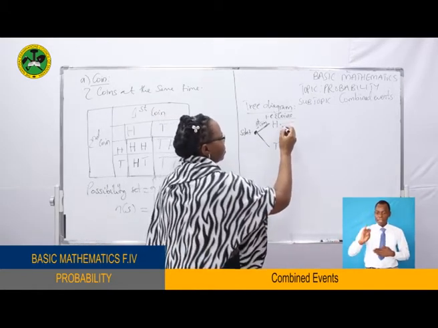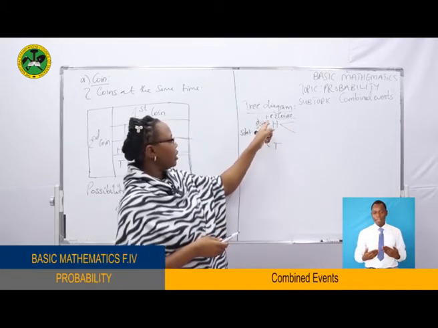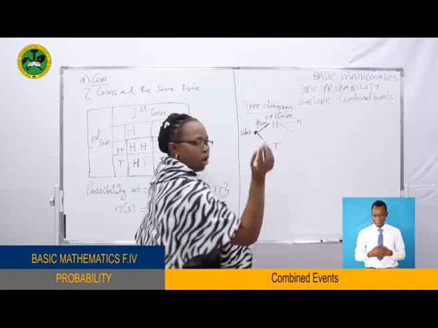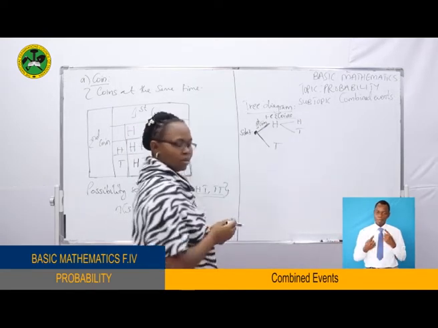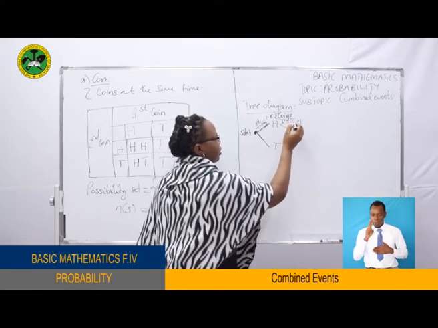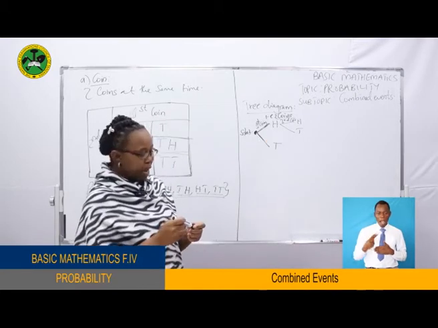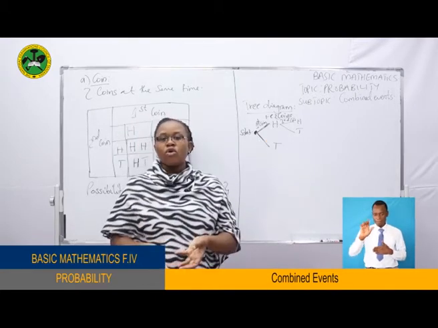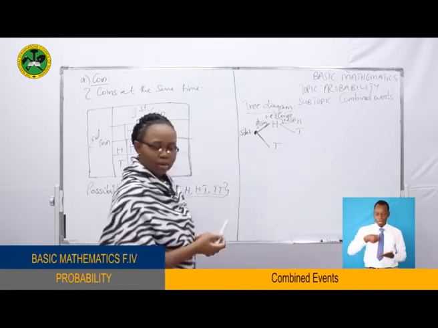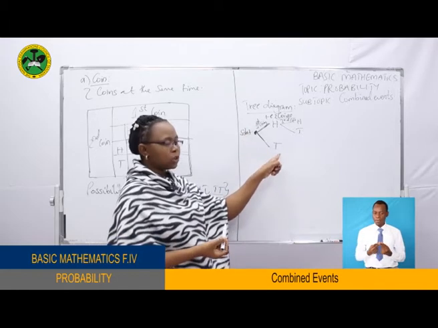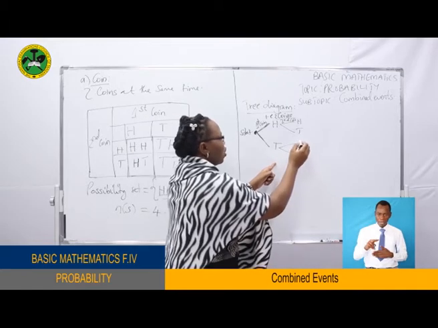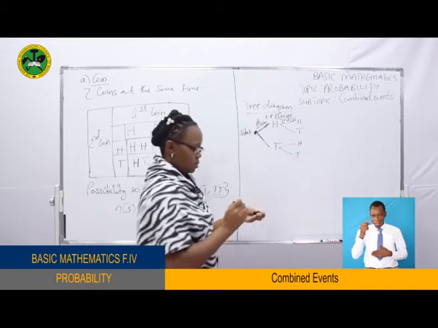Maybe when it was head on the first coin, the second coin may have shown head or tail. So this is the second coin. But if, when we threw 2 coins together, the first coin shows tail, then the second one should show head or tail.